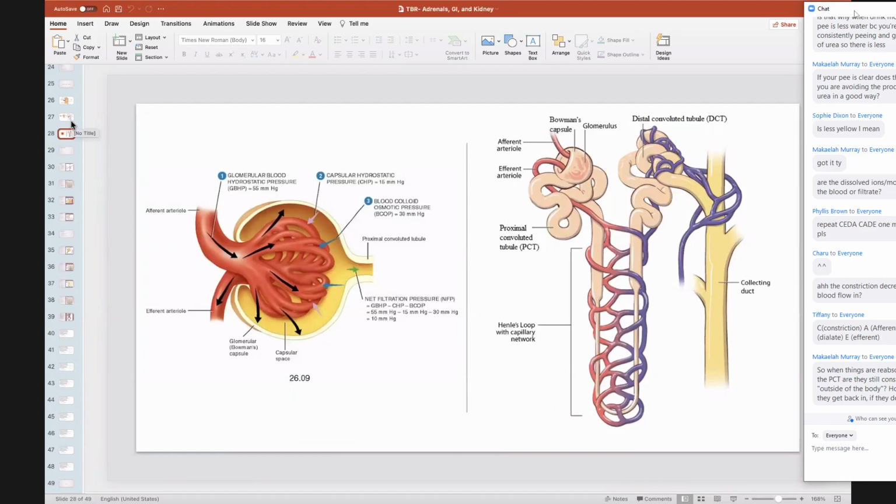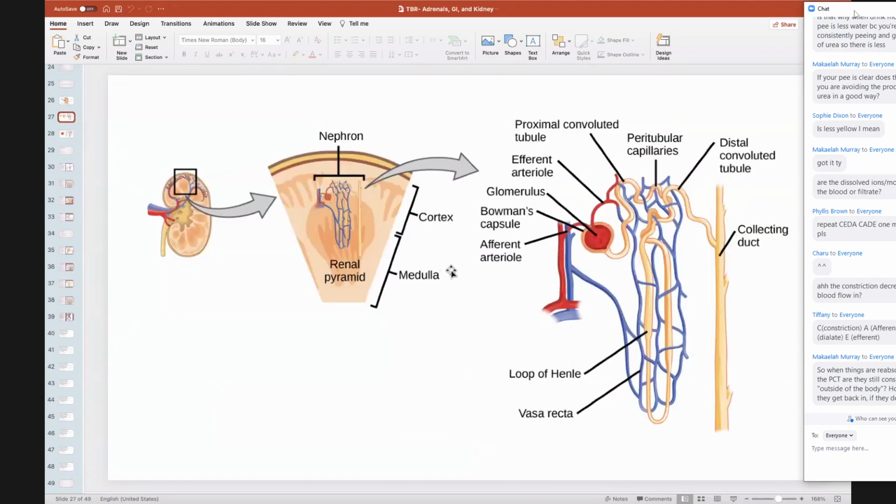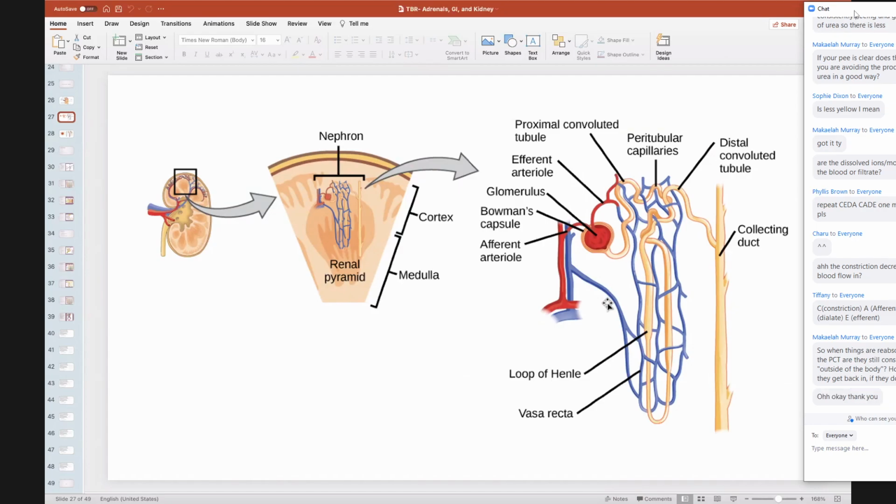Interstitial spaces are still considered in the body. How does it get back into blood circulation? It's these vessels. They're going to absorb back into these vessels and pass through them. The vasa recta is actually the correct term for it, but it will diffuse back into the vessels.